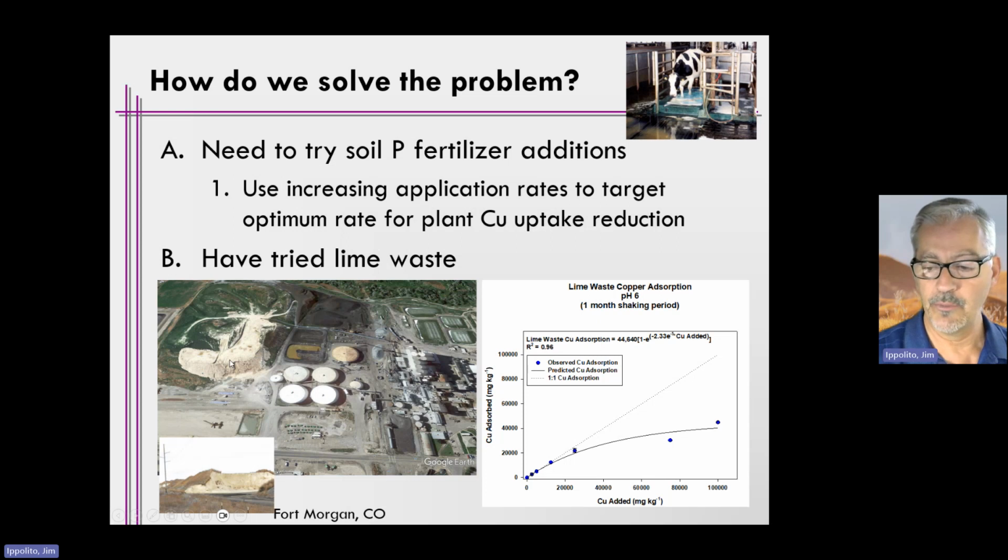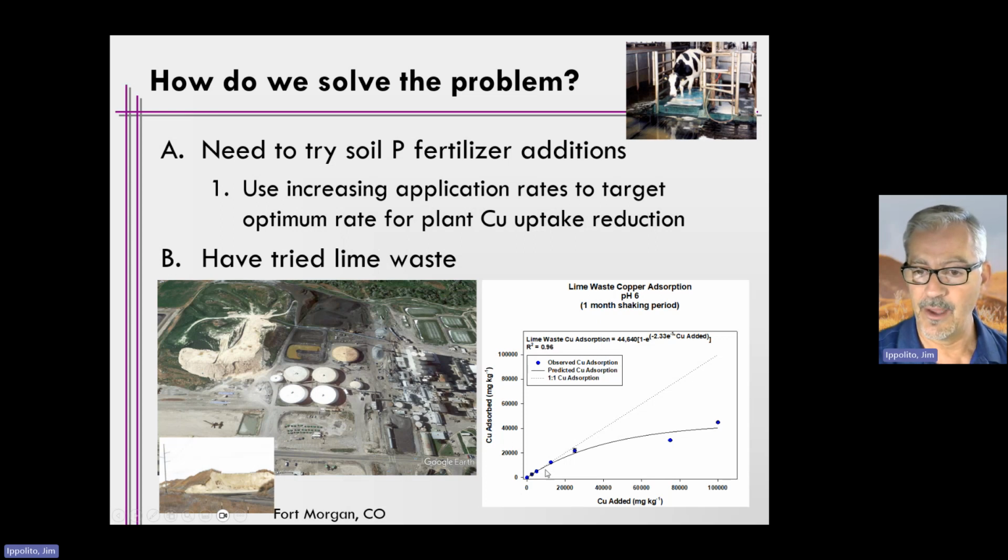And we know that when you add lime in the presence of copper, you can probably form copper oxide, copper carbonate, or sometimes copper hydroxide. So we did a simple study, and I'm only showing you a portion of it: the amount of copper added in solution on the x-axis versus copper adsorbed onto that lime waste.